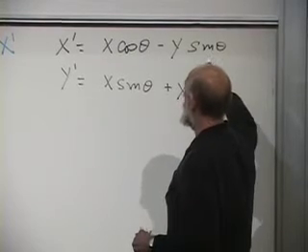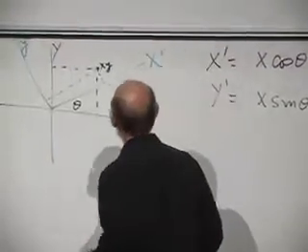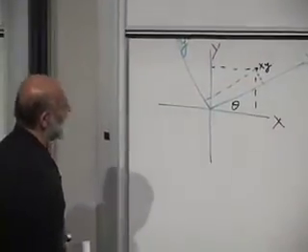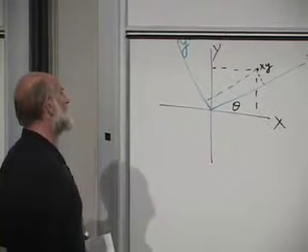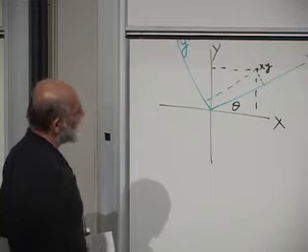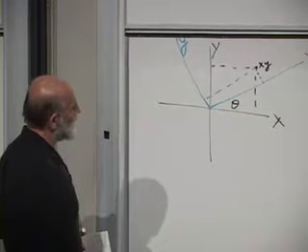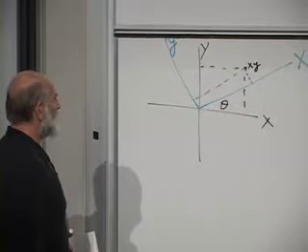You say the signs here are wrong. Yeah, so x prime is bigger than x. Is it? Let's see. If you rotate it so that y prime is 0, it's further out. x prime.